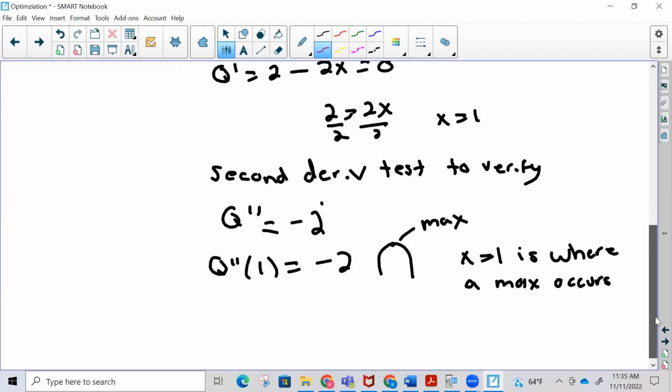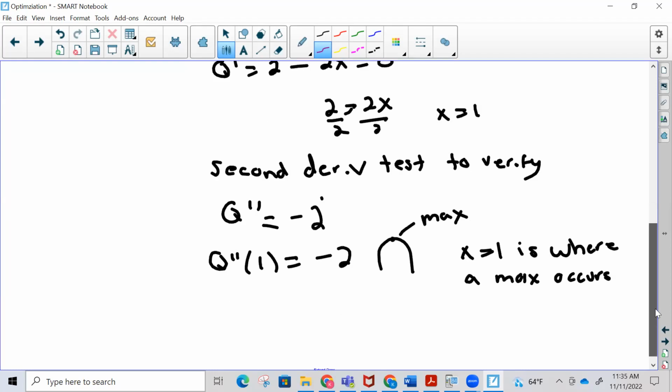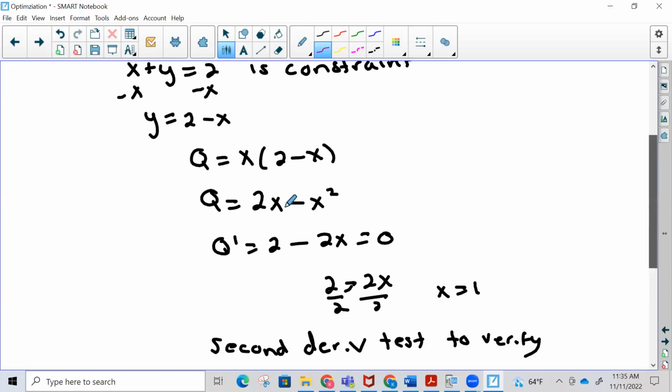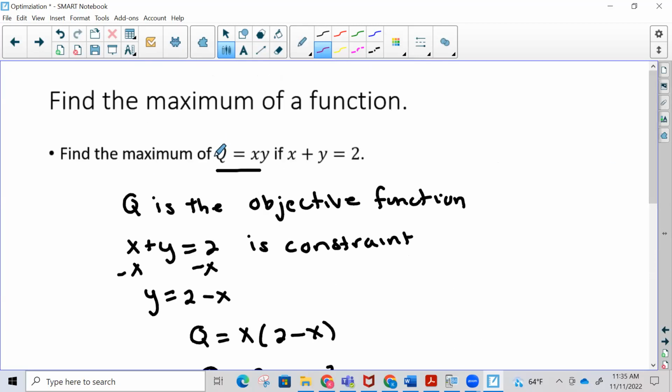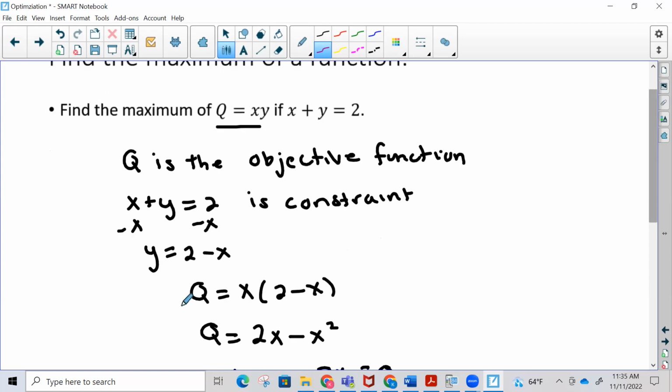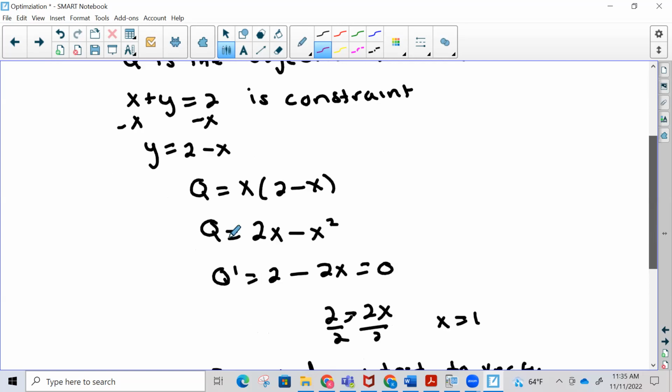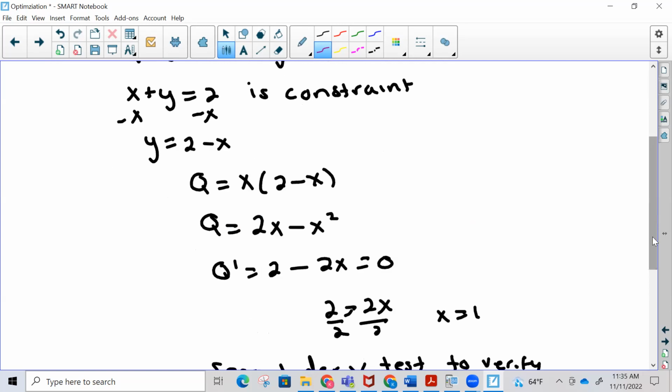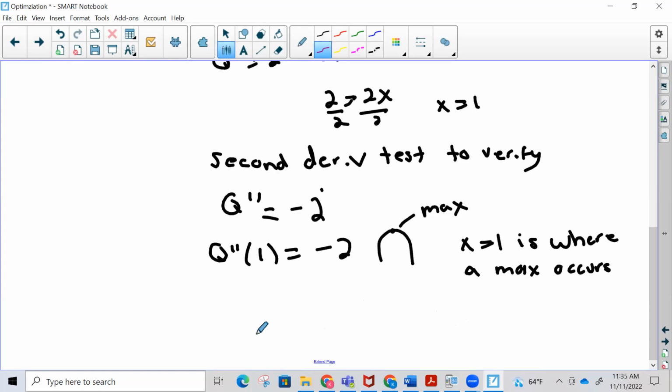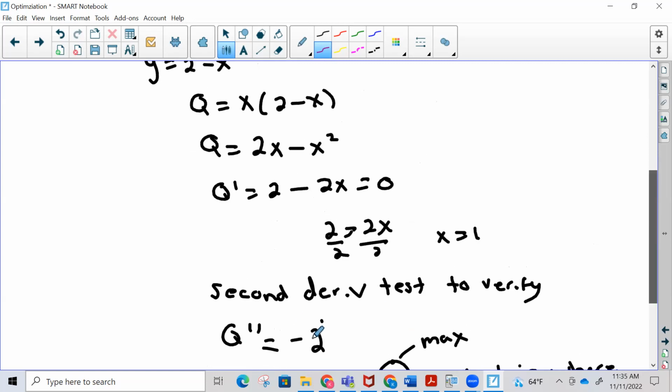And then let's make sure we answer the question. So if I go back to the question, it says find the maximum of Q. So I actually need to find the value of Q because that's what the maximum would be. So I'm gonna plug one in. There's two ways to do it. You could find Y and then plug it into the original, or just to save us a little time, we can just plug it into Q because it's in terms of X. So we know that Q is 2x minus x squared.